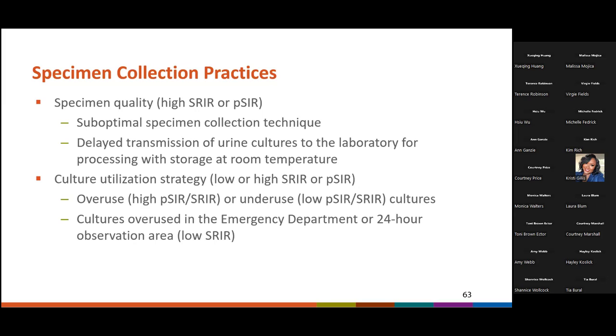Additionally, overuse or underuse of cultures can lead to overestimating or underestimating your SIR or pSIRs. However, if cultures are overused in outpatient locations, because the risk adjustment for SIR takes community onset prevalence into account, the SIR for hospital onset resistant infections in inpatient locations is actually underestimated because of the overestimated community onset prevalence.